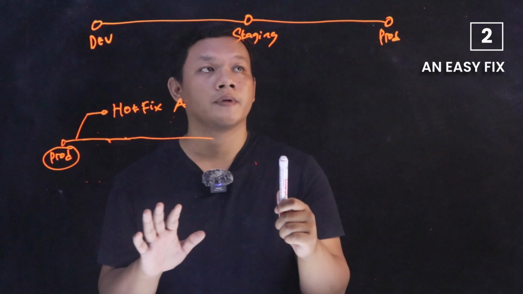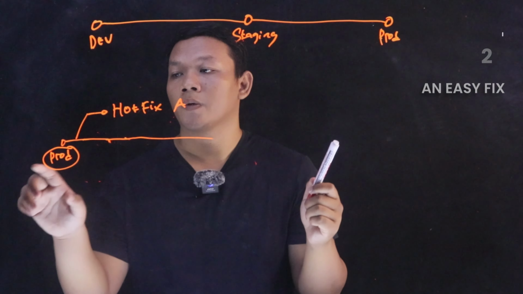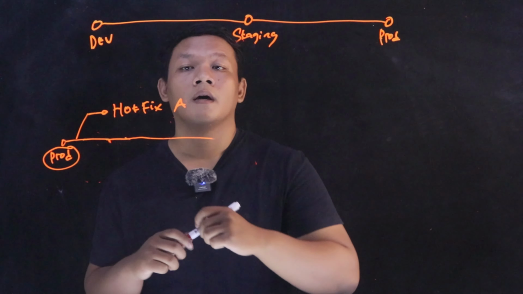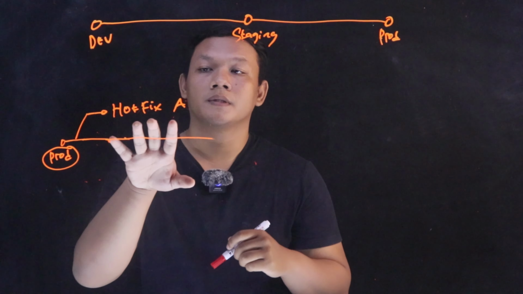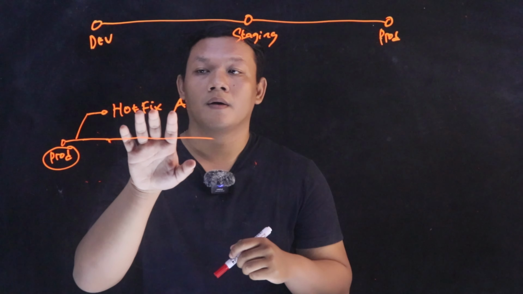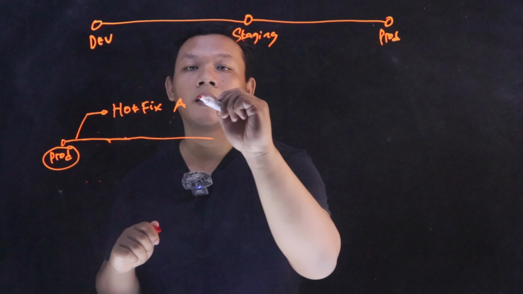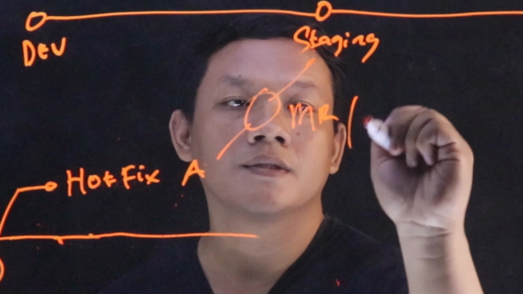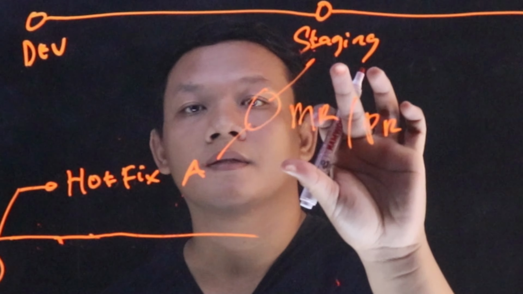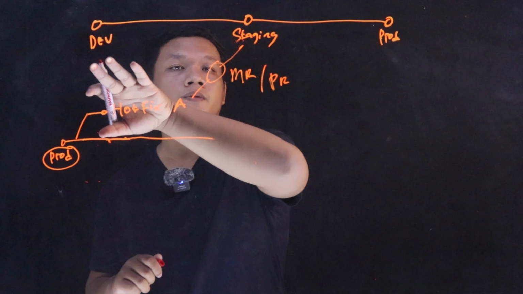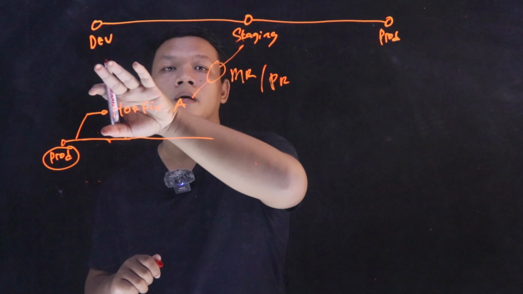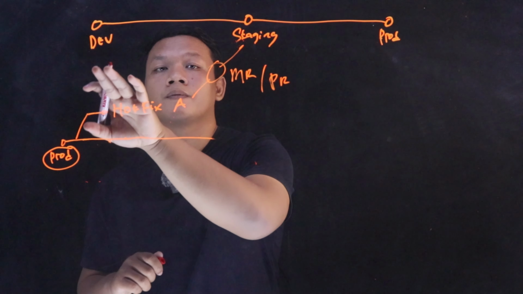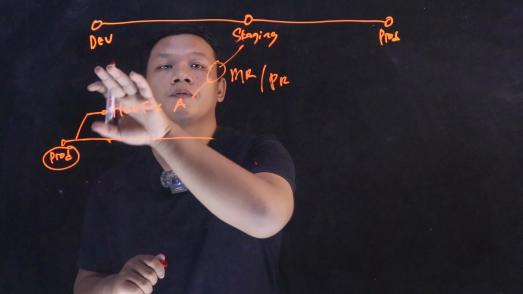With hotfix, pretty much the same as with feature, we create that branch from production. But the difference is, once we upload our change to the hotfix branch, we create an MR or PR into staging. We don't go to dev first because this requires a lot of work, since it contains a lot of unverified work from development that is not yet verified by QA.